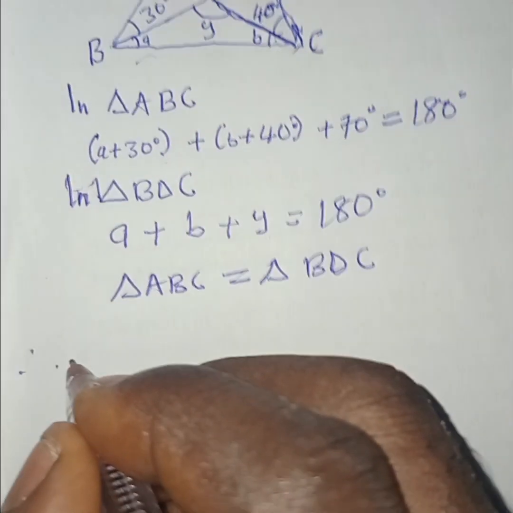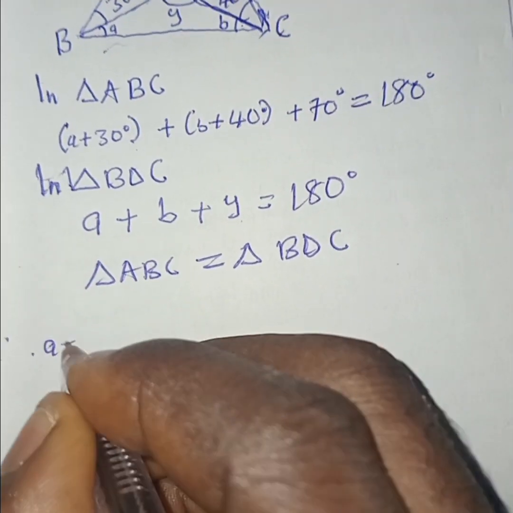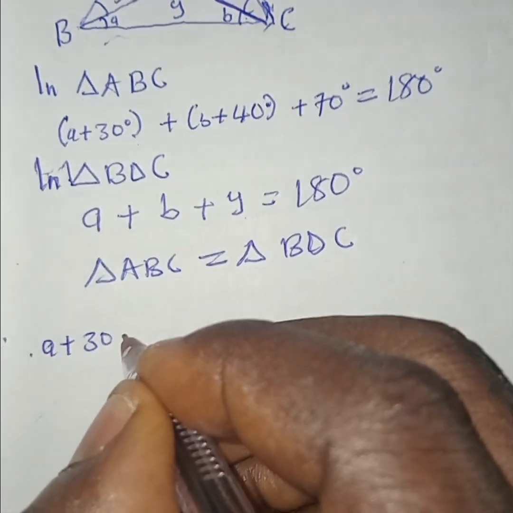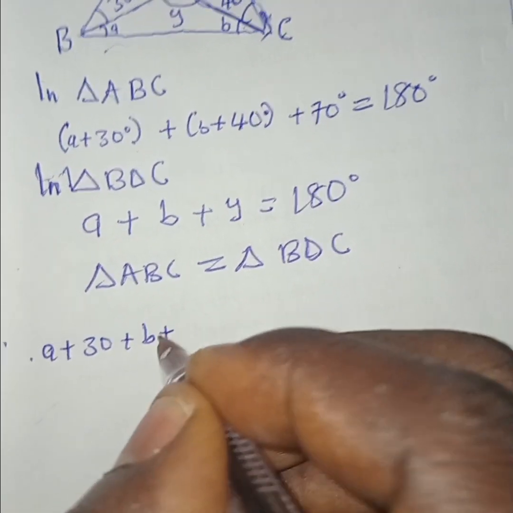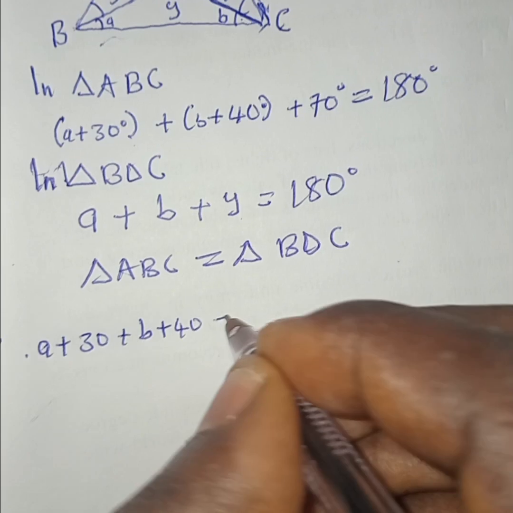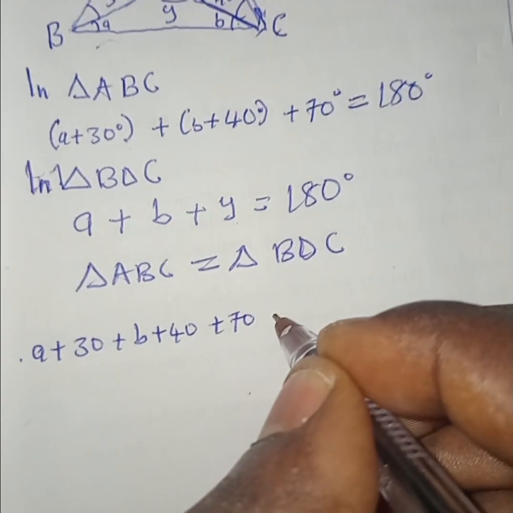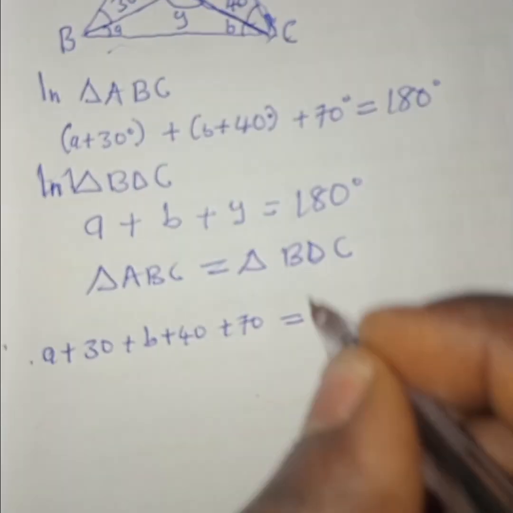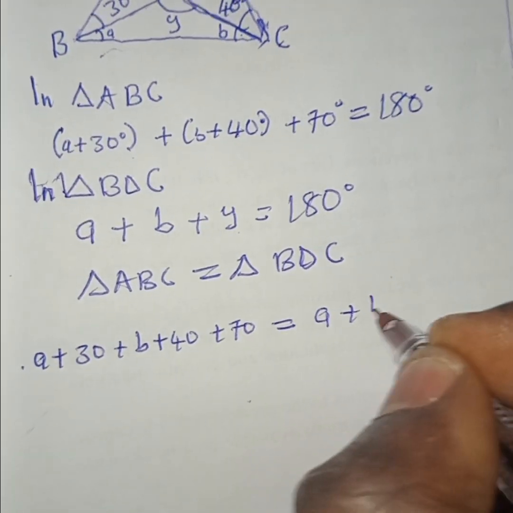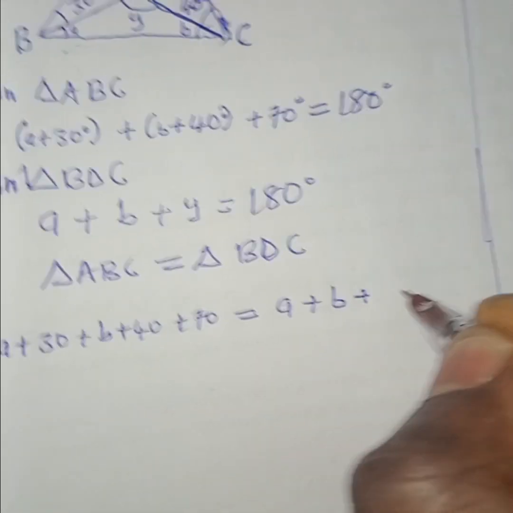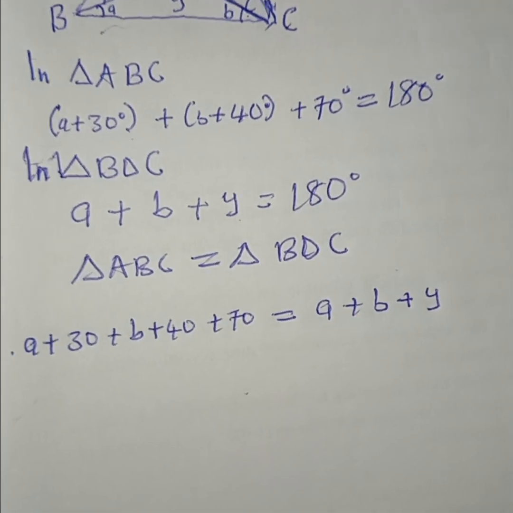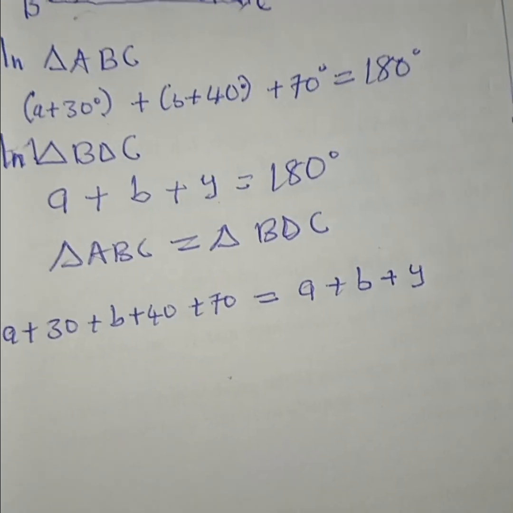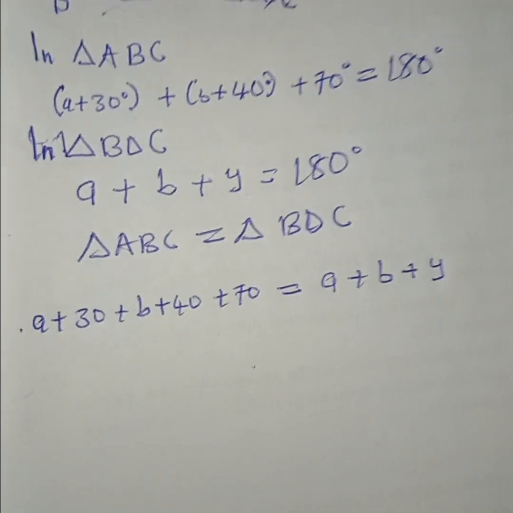Therefore, A plus 30 plus B plus 40 plus 70 is equal to A plus B plus y. Now we continue.